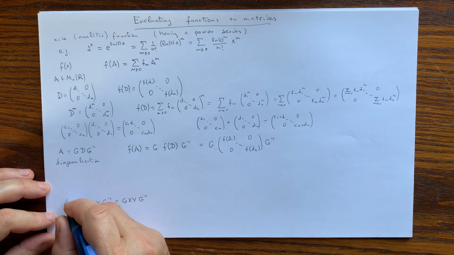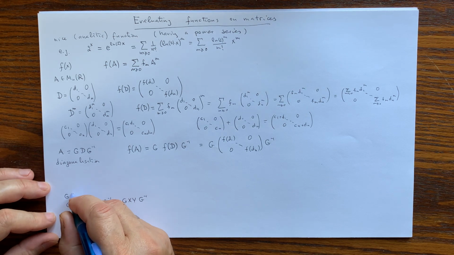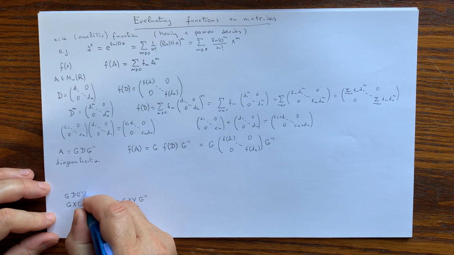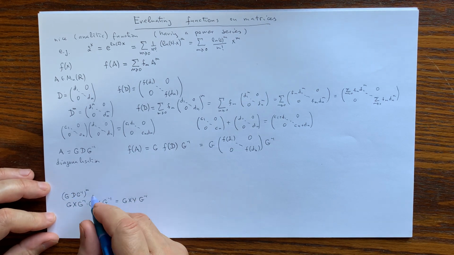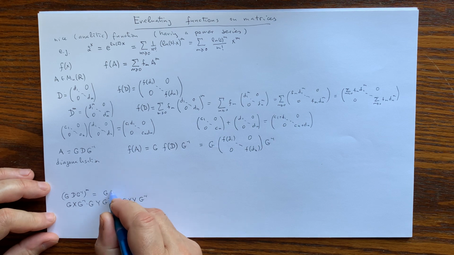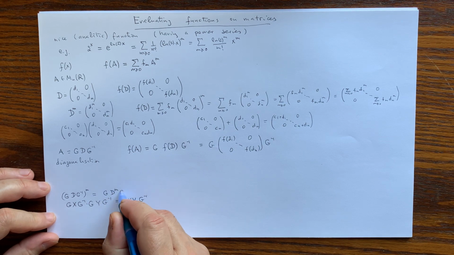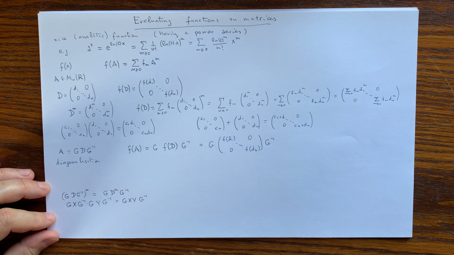So we can iterate it and get this formula. So if we raise this conjugate to some power, it will be the same as if we just take the power of the middle term and conjugate it.